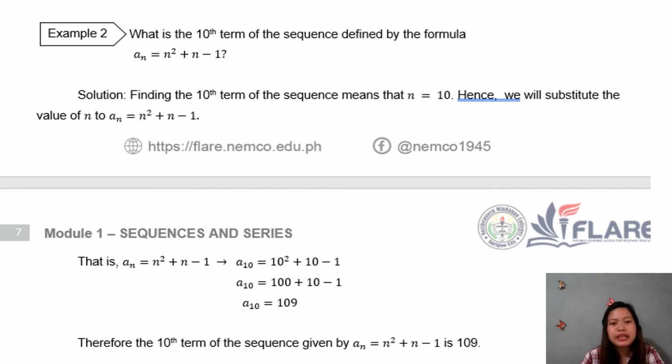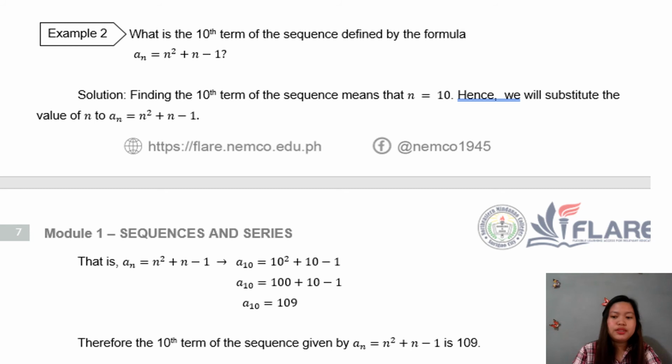So, tanan nga makita nato diri na n, alista na nato siya ng 10. So, that is a sub 10 equals 10 squared plus 10 minus 1. So, 10 squared, that means si 10 i-multiply nato sa ija kaugalingon, kaduha. So, 10 times 10, that is equal to 100.